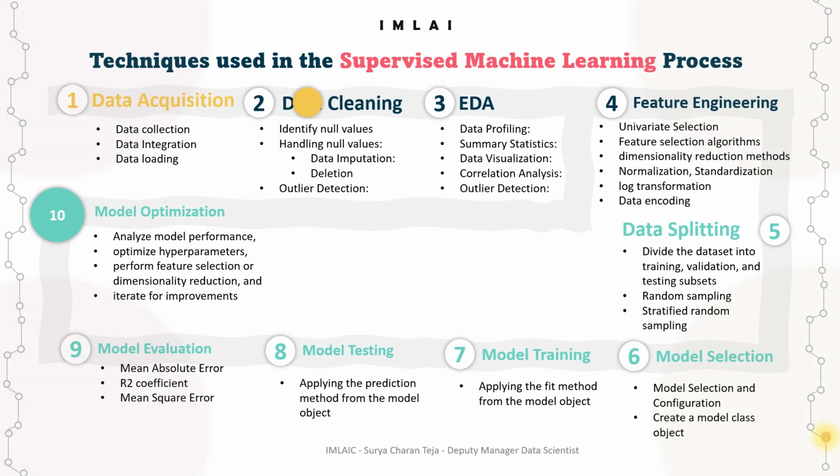Just repeat it until you get a good one. The model optimization step is the one which connects back to the feature engineering step, and the process will be repeated until you get a model which performs absolutely well with the least amount of error.